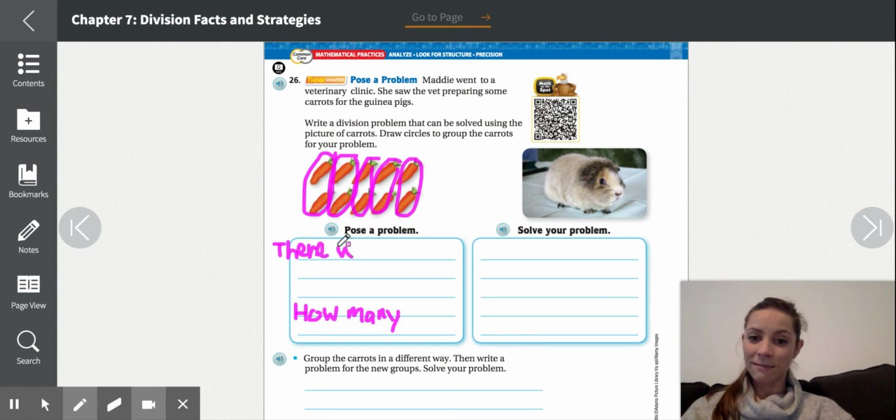There were 10 carrots in the bag from the market to feed the guinea pigs. I'll just put a C. Then maybe I could say there were 5 guinea pigs to feed. They wanted to feed them all fairly.